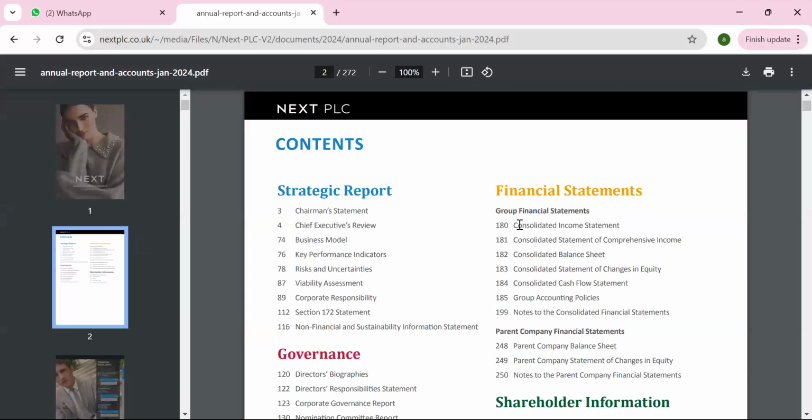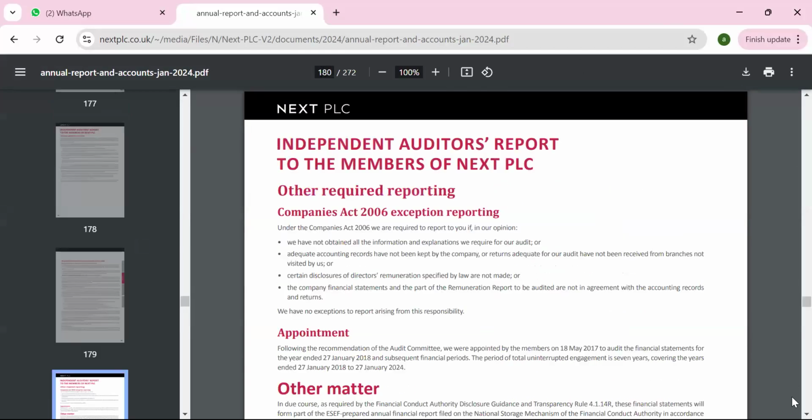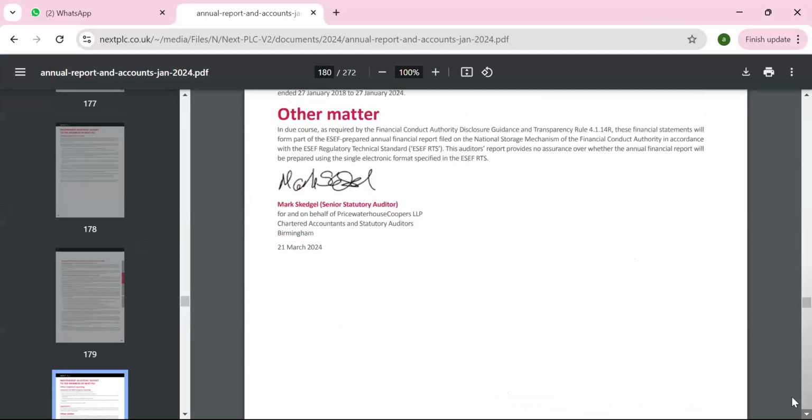We see here consolidated, which means the statements of all the subsidiaries and the major company are consolidated. Under page 108 we've been given the income statement. If I type 180, one or two pages down, we can find it.